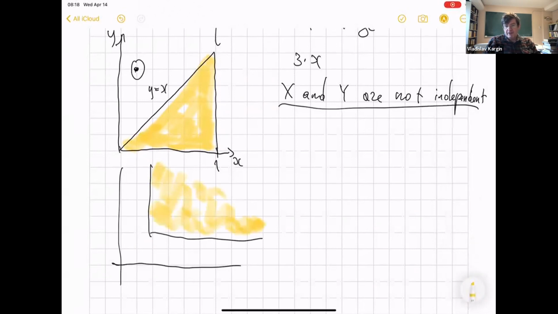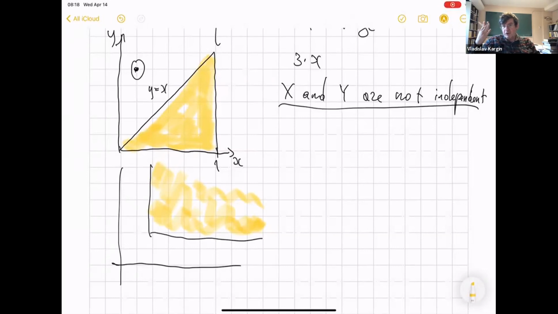If it extends to infinity, it's still a product of two intervals: one interval on the x line, another interval on the y line. These are two infinite intervals, but the region in the plane is a Cartesian product of these two intervals. In this case, it could be independent if you write it down as a product.